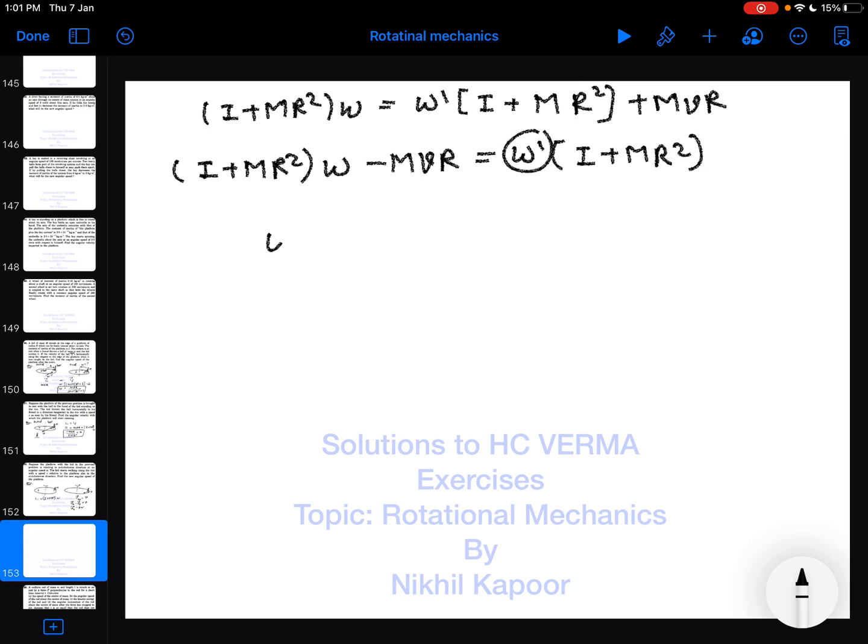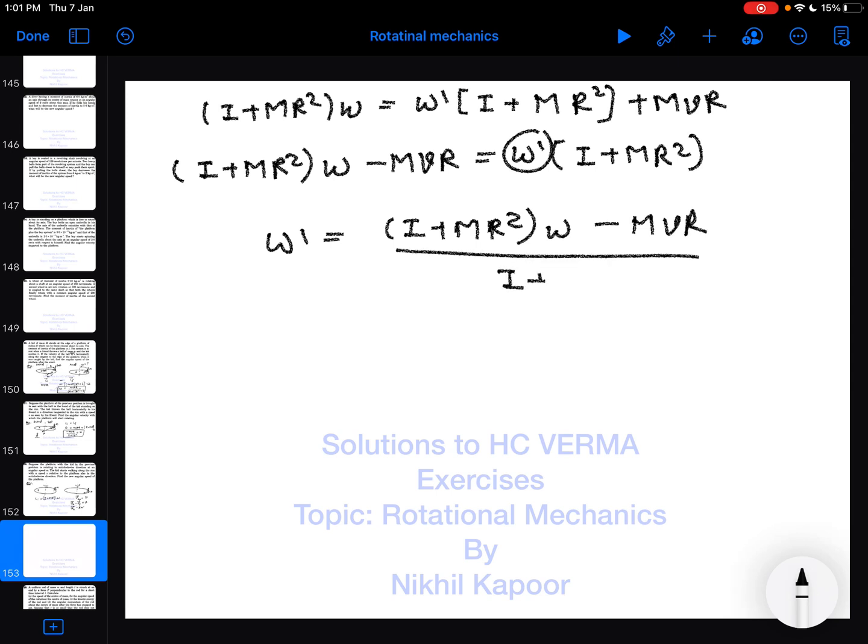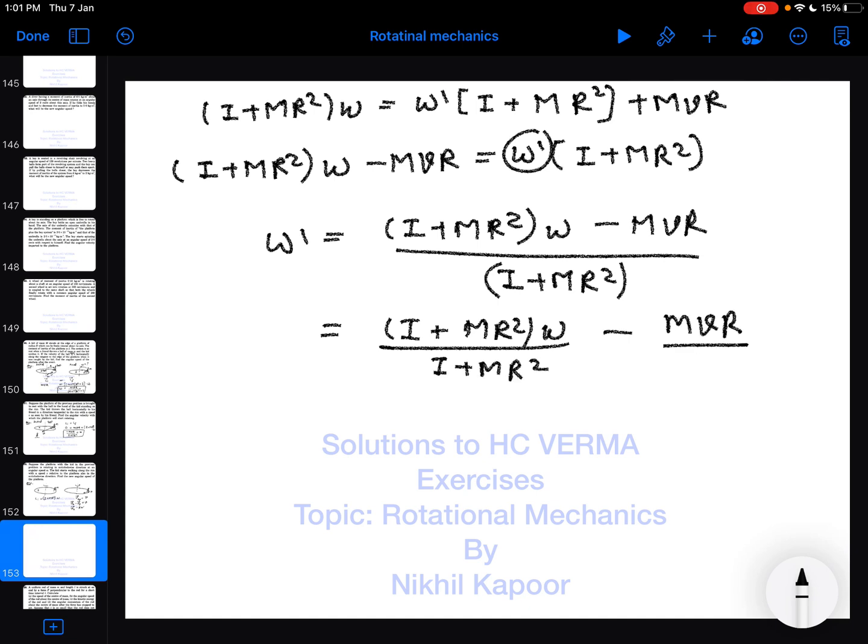We need to find omega dash, so omega dash would be equal to I plus m r square into omega minus m v r, whole divided by I plus m r square. So I can split this: I plus m r square upon I plus m r square, and minus m v r upon I plus m r square here. So I plus m r square cancels, so the new angular speed will be equal to omega minus m v r upon I plus m r square.